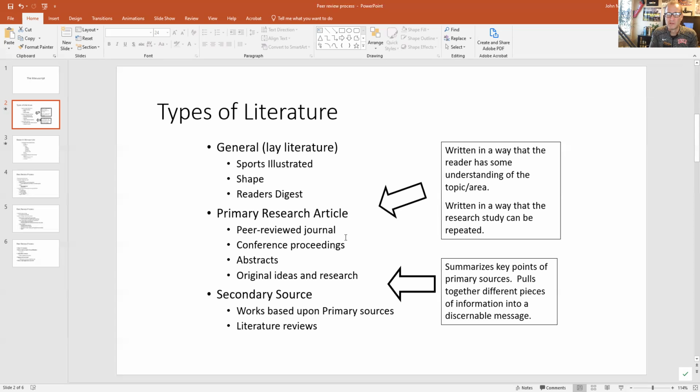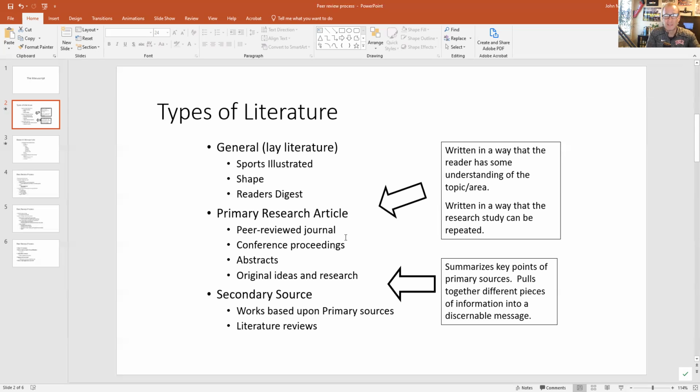They're written for, and I'll talk more about this, but they're written for the scope of readership of a particular journal. And that readership may be a really narrow scope of people. And so sometimes the articles are hard to really pick out the information. And so secondary sources, lit reviews, can be helpful in interpreting primary sources.